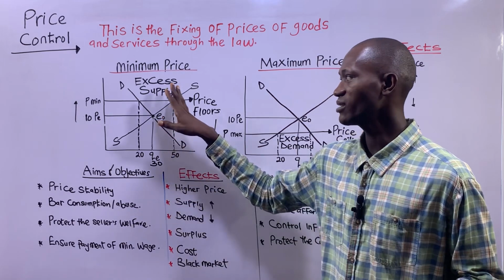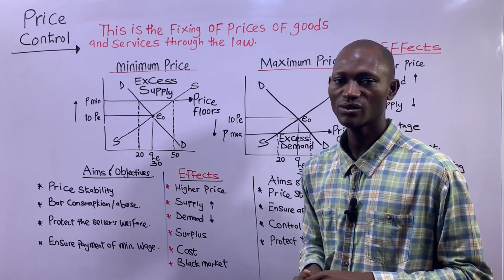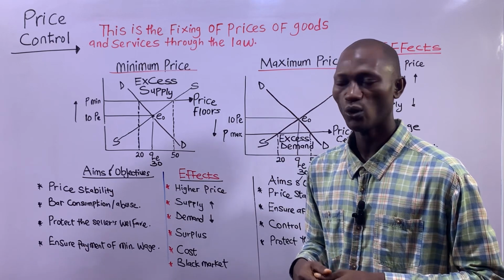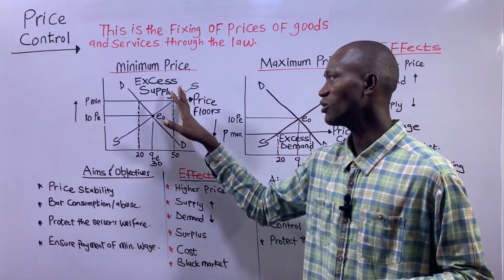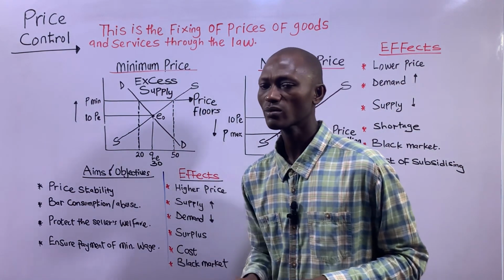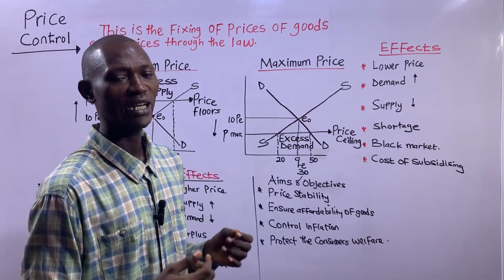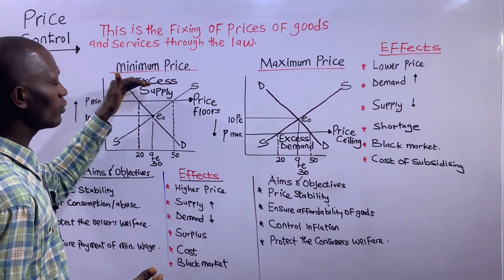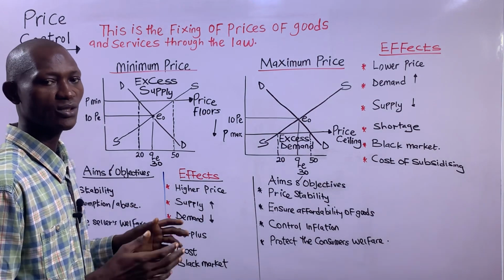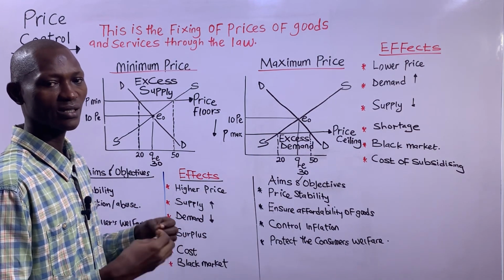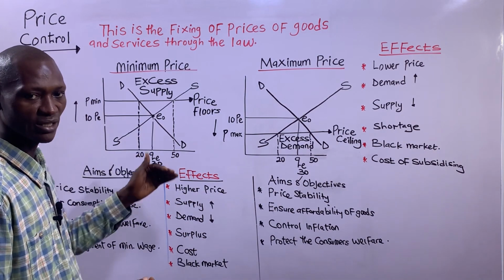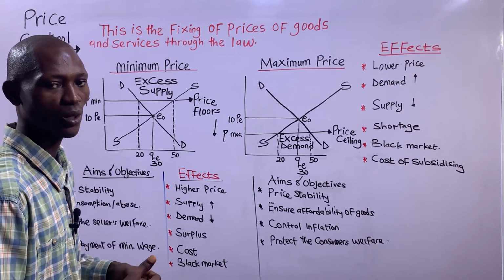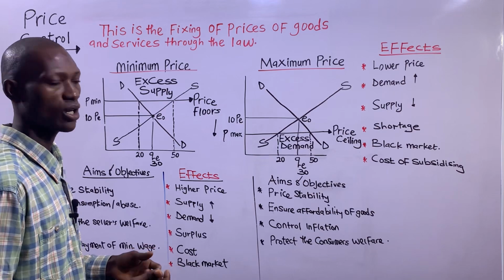So let's start off with minimum price legislation, which we also call price floors. Minimum price legislation is the fixing of prices of goods and services by the government above the equilibrium in such a way that the price is not allowed to decrease below the statutory price fixed by the law or by the government.